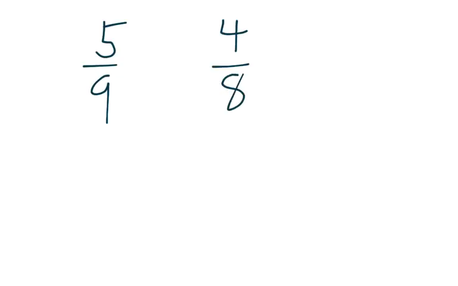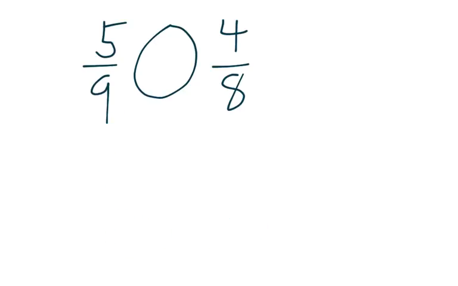Now, that's why you do it, but if we're talking about 5 ninths and 4 eighths, you can take your time and do 8 times 9 and stuff like that, or you can just simply skip that step, because you know if you multiply 8 times 9 or 9 times 8, you're going to get the same answer, and that's why you do that, to get the same denominator.